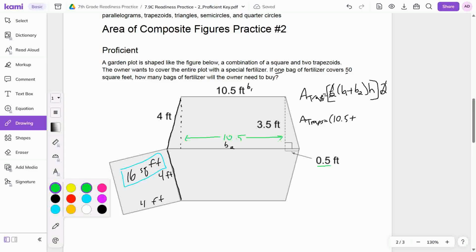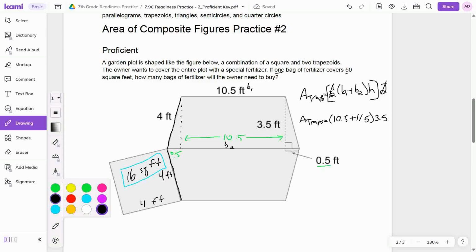This is 0.5, and so we can assume this is also 0.5. So 0.5 plus 0.5 just makes 1. So I have 10.5 plus another 1, so we're going to call that plus 11.5. And then my height is 3.5.